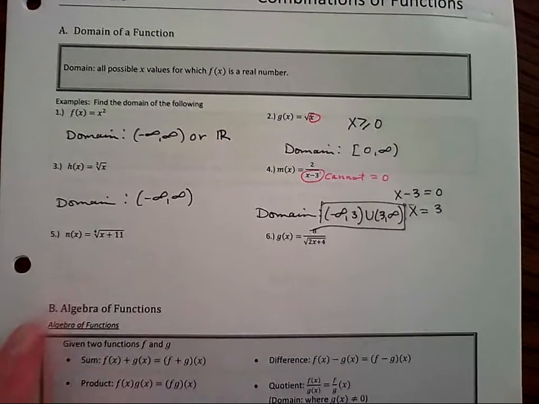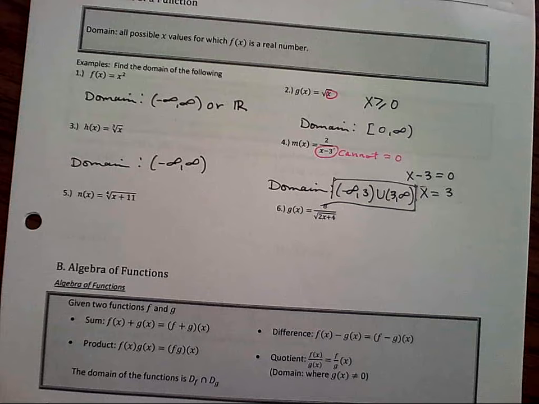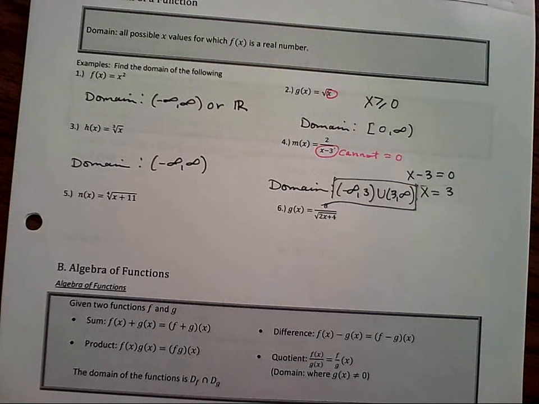Okay, what do you guys think about number 5? The fourth root of x plus 11. Can you have negative numbers under the fourth root? Can you have 0? Can you have positive numbers under the fourth root? You can have positive. Can I do the fourth root of 0? Something times something times something times something equals 0? Yeah, 0, right? Can I have negative numbers? No. Good.